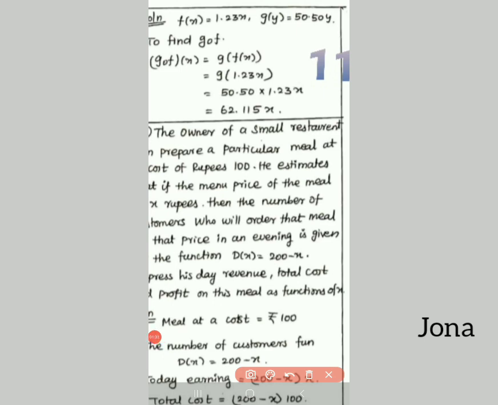So here f of x is there. f of x is nothing but the conversion, exchanging of American dollars for Singapore dollars. And g of y is exchanging of Singapore dollars to Indian rupees. What we want to find now is the exchange rate of American dollars in terms of Indian rupees.